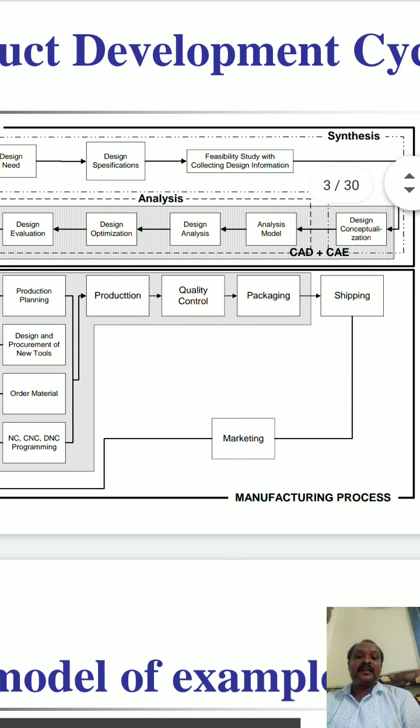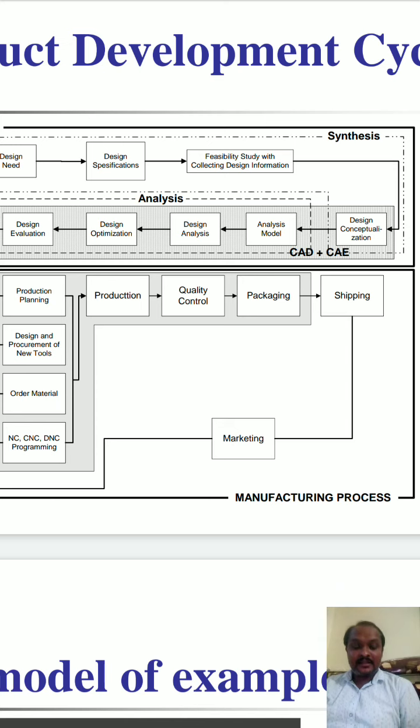Then design analysis. Whatever design you did should be analyzed by the CAE part. That is very important. Without analyzing the design, you cannot go to the manufacturing process, because once you have the results, you know the design is perfect. How would you know that your design is perfect? Unless you analyze, you cannot say that your design is perfect.